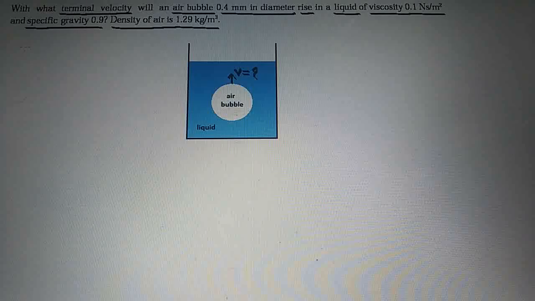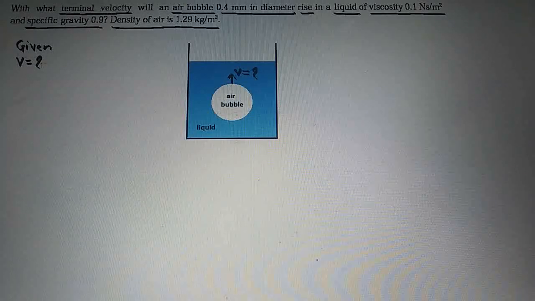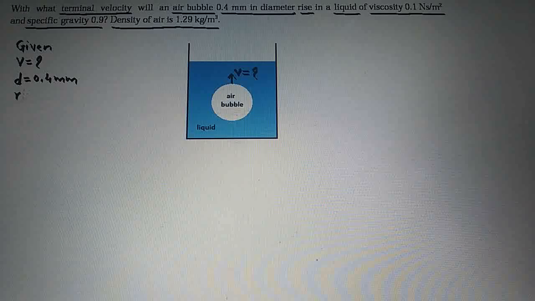So here we will write given. In the given, first we have to find the terminal velocity V. Then the diameter of the air bubble is given, that diameter is 0.4 mm. So we can write the radius is equal to 0.2 mm, it will be half of the diameter.